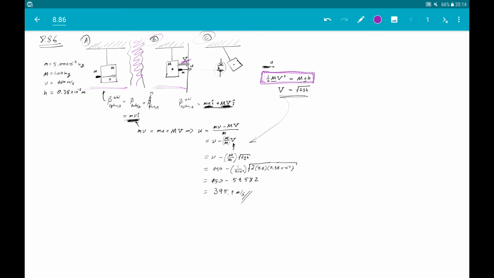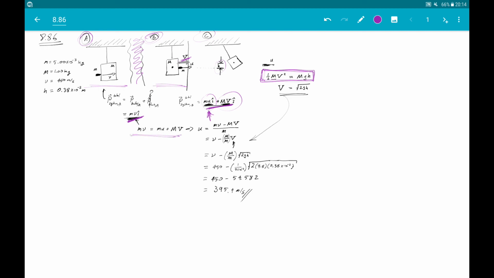That goes into an equation that conserves momentum between A and B. So here's the momentum in state A, here's the momentum in state B, composed of two pieces. I solve for the speed of the bullet right after the collision, so that's what the U is.